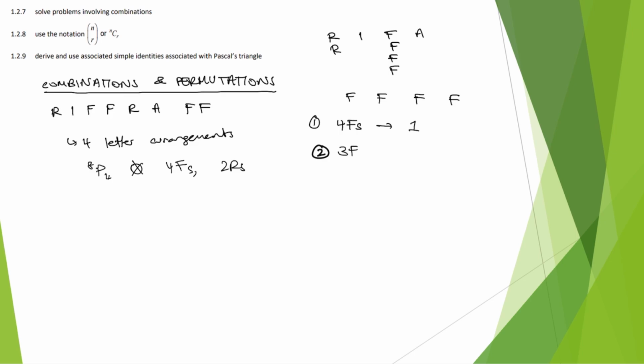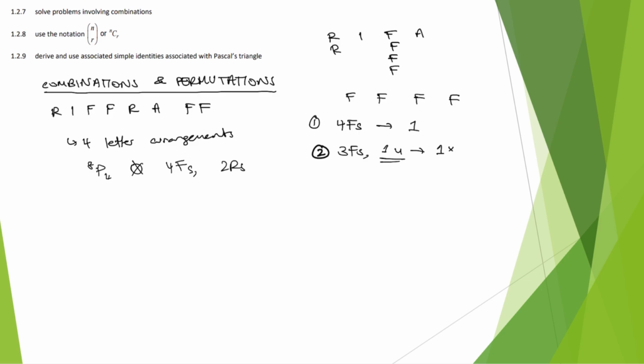The second case we might have is where we have 3 Fs and 1 unique letter. In terms of my Fs, there's only one way of selecting the 3 Fs because there's no difference between selecting one F from another.